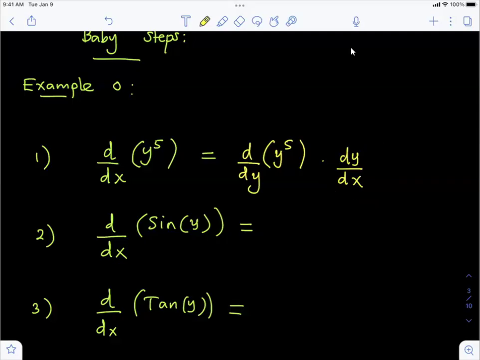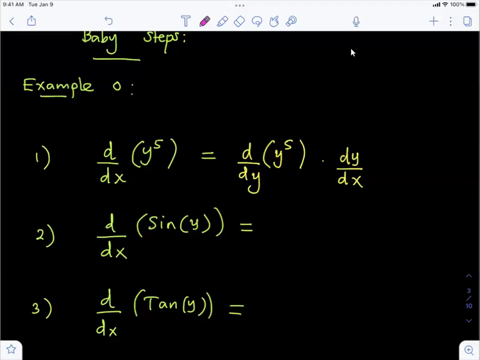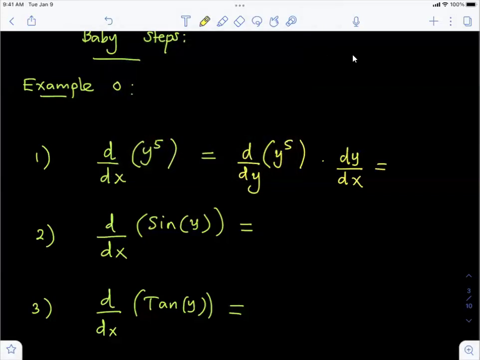One can simply think about this algebraically like this. Why not pretend like these are fractions? If you cancel these two, you're going to get pretty much exactly what you have in the left side. Well, that is not a good way of arguing, but you can see the consistency of the formulation in that way. However, the final step of the answer is none other than the derivative of y to the 5 with respect to y, which is 5y to the fourth, exactly the power rule.